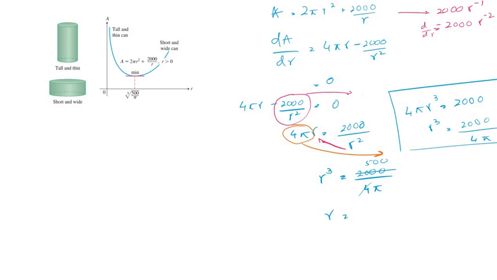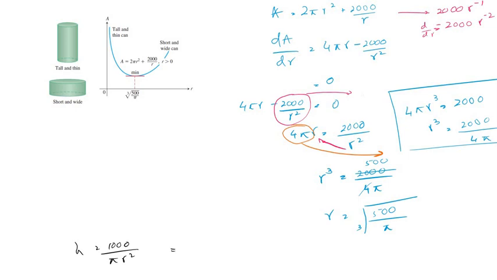So r is equal to the cube root of 500 over pi. Now that we have found r, we know h is equal to 1000 over pi r squared, so we can substitute r here.